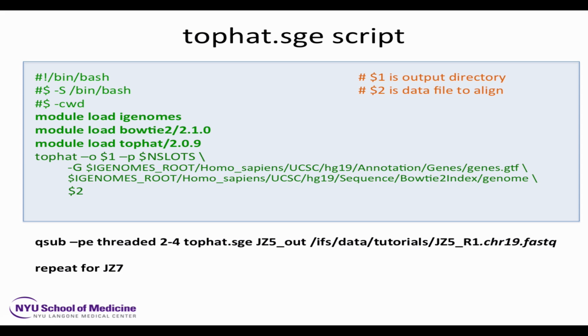There's a third way of running TopHat, leaving out the -G command entirely, not using a reference annotation, and allowing TopHat to figure out all the possible isoforms that your RNA might make everywhere on the genome without any regard to known genes. That will take more compute time and will almost certainly lead to differences in each FASTQ file that you align, just based on random sampling issues, where it will think there's a novel isoform here because it has a couple of transcripts that align in a slightly different way.